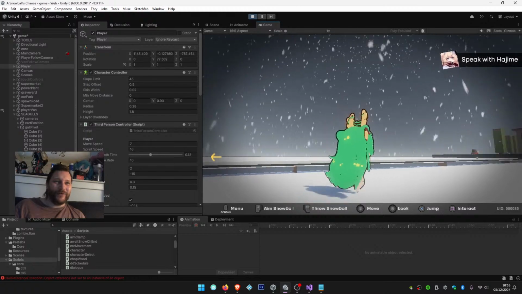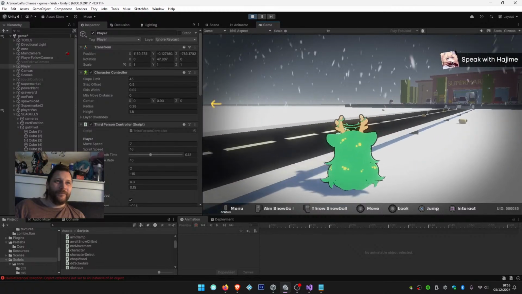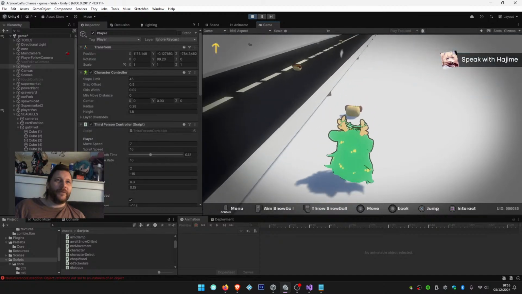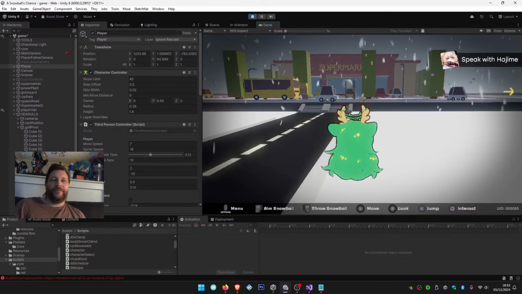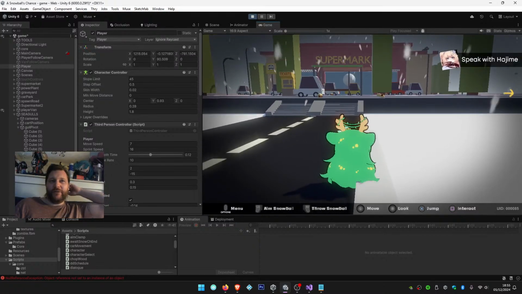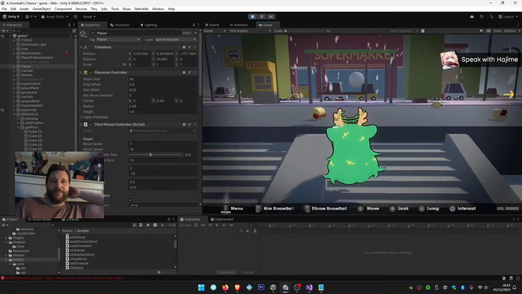That's not one trapped under the road, is it? No, it's not. Okay. Yeah, I think I'll just gradually slow the birds down or whatever.